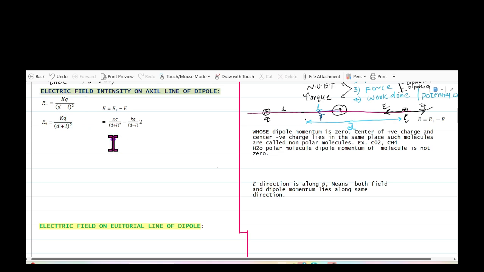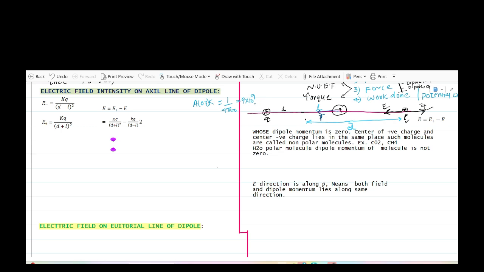So here K is 1 by 4 pi epsilon. We know this very well, always we will substitute it. In some of the books they will go with K. So K is equal to 1 by 4 pi epsilon, and in problem solving we will follow that this is equal to 9 into 10 to the power of 9.